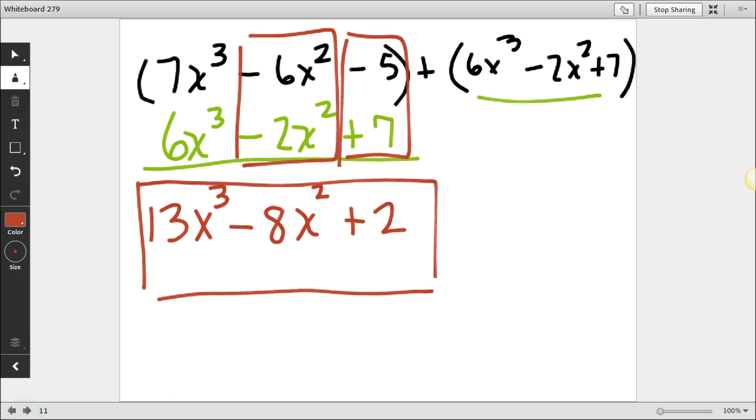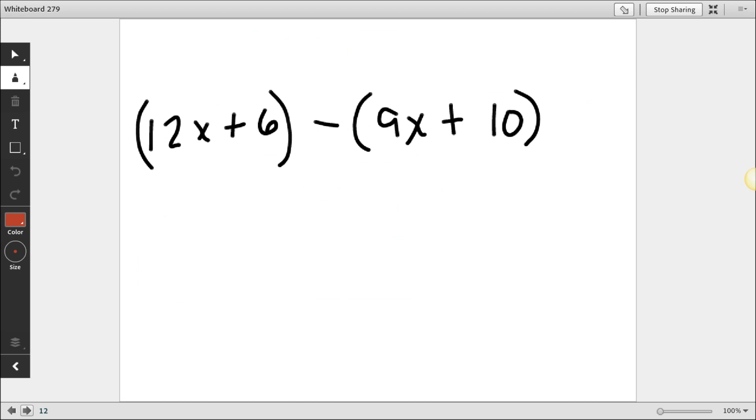This last one, this is like number 3. One of the more missed problems in the lesson because people don't pay attention to this. This is distributive property. So what am I distributing, Mr. Rowe? I'm distributing a negative 1 into this parenthesis. That's how you have to treat it.